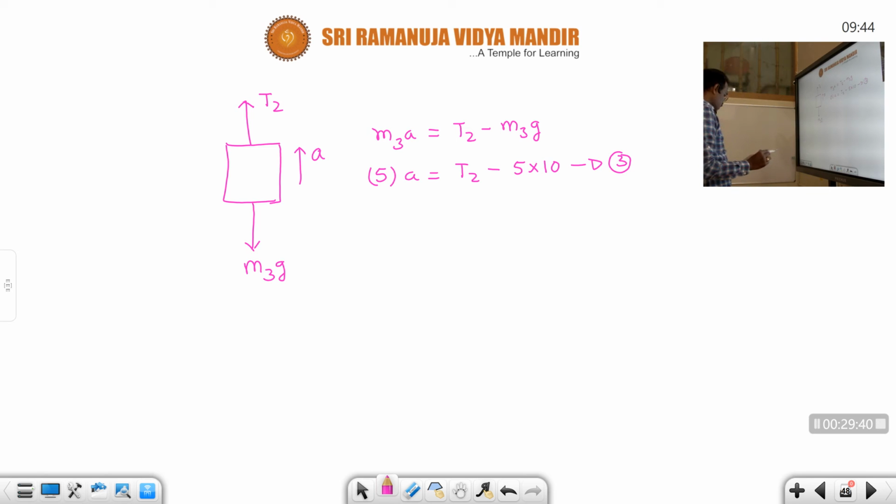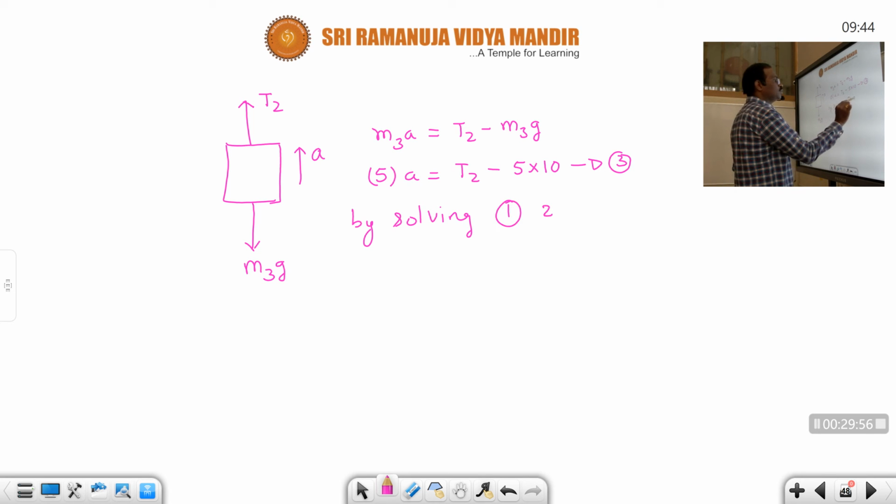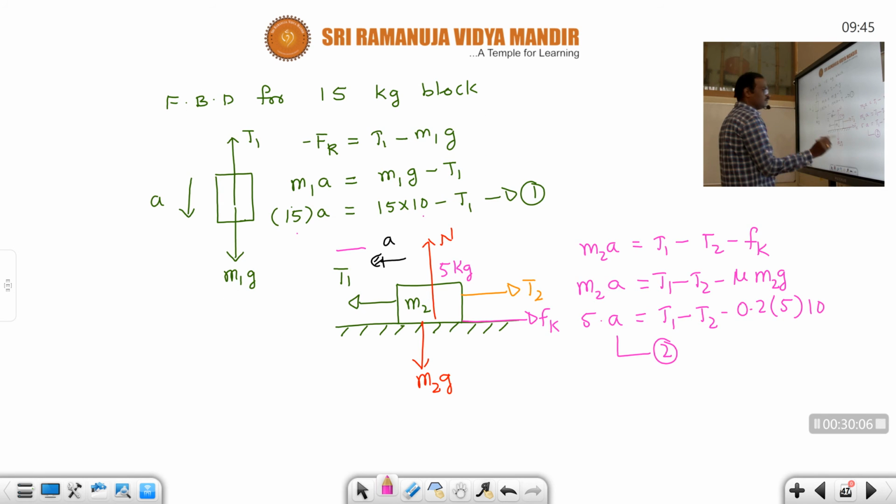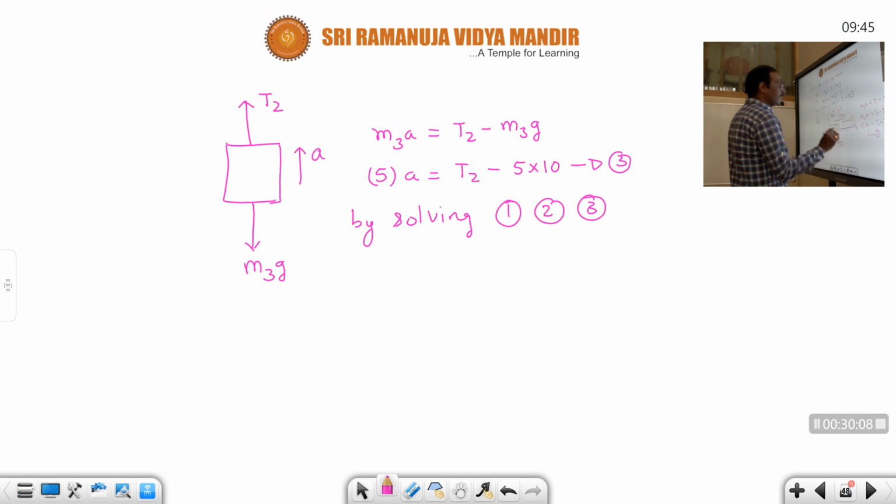By adding equations 1, 2 and 3, the tensions will be eliminated, and you will get the acceleration.